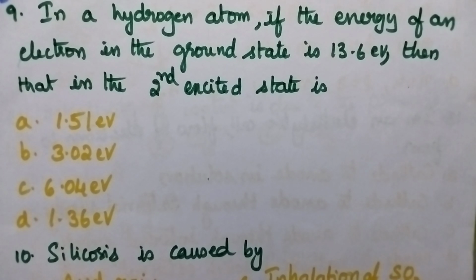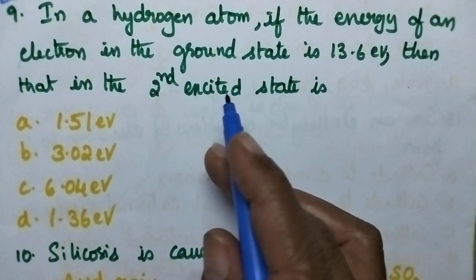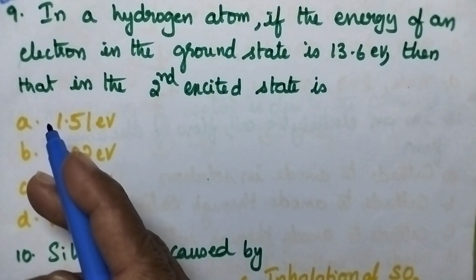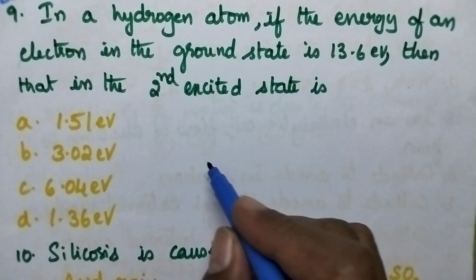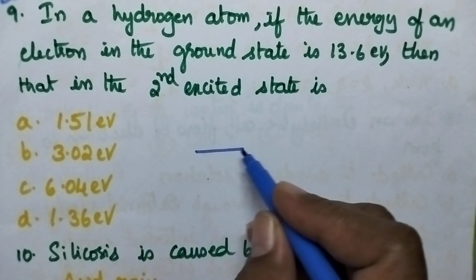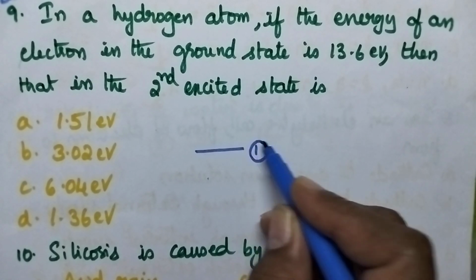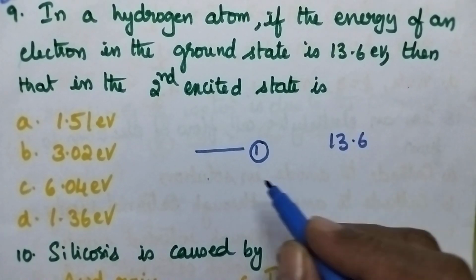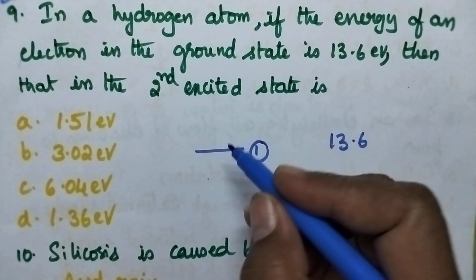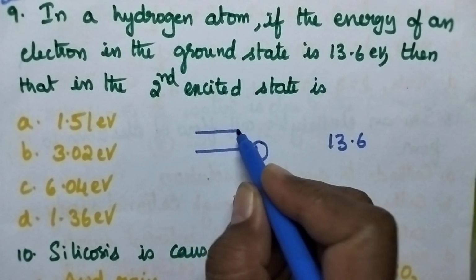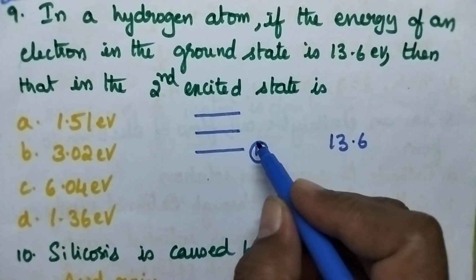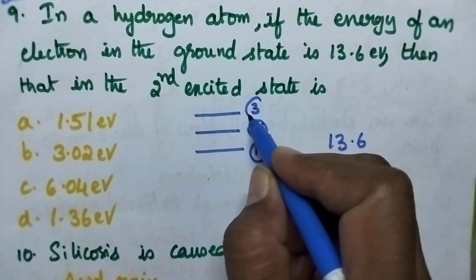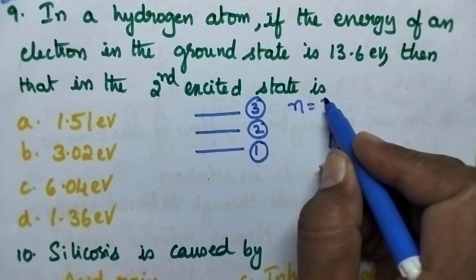In a hydrogen atom, if the energy of an electron in the ground state is minus 13.6 electron volt, then that in the second excited state is? Here in the ground state, that means in the first orbit, the energy of the electron is given as 13.6, and we are supposed to calculate the energy in the second excited state. This is the first excited state with orbit number 2, and for the second excited state the orbit number is 3, so n equals 3.